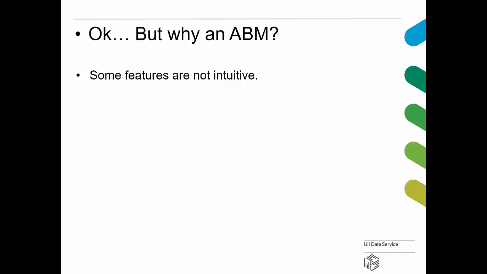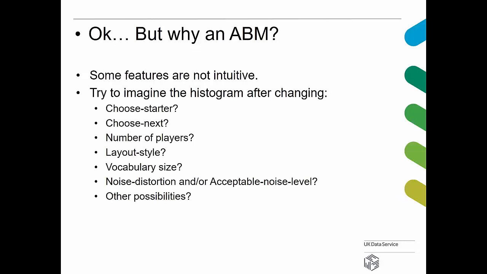It's just not clear how the color distribution or the histogram of colors is going to look at 1,500 time steps or 4,000 or 10 million or 1 million time steps. And then how does it compare if we do 1 million time steps when we choose a different way of choosing the starter or the next player?